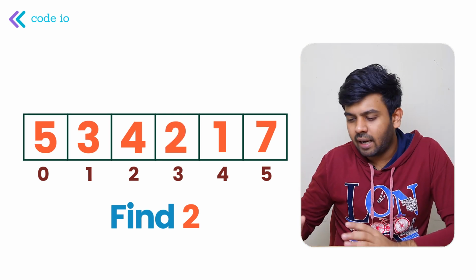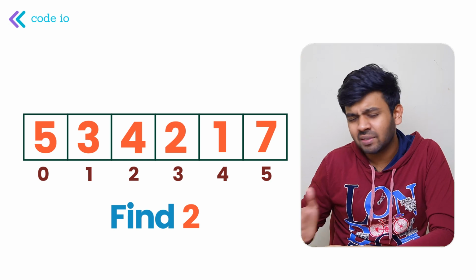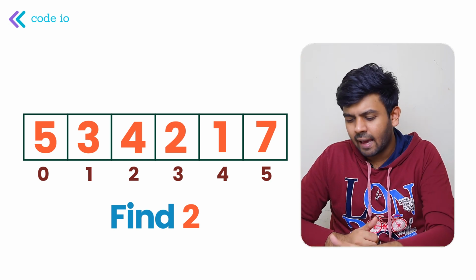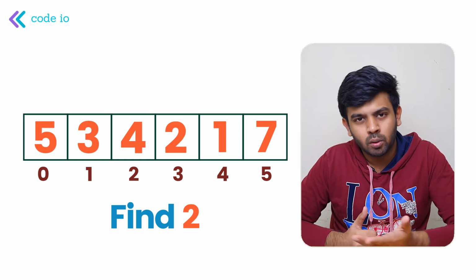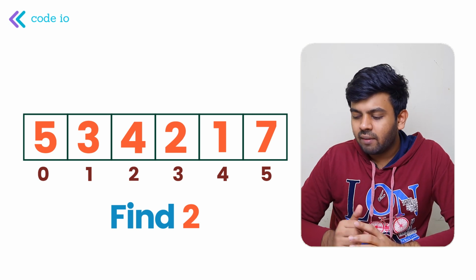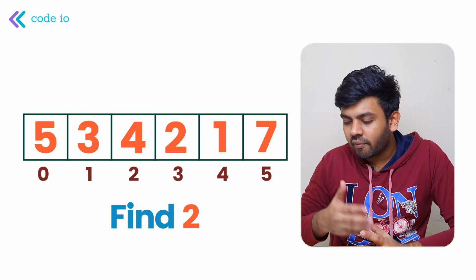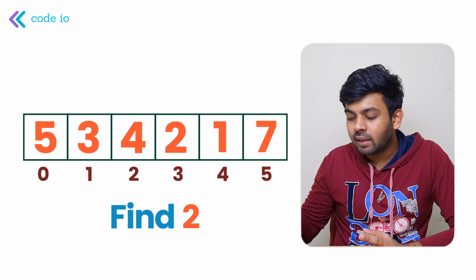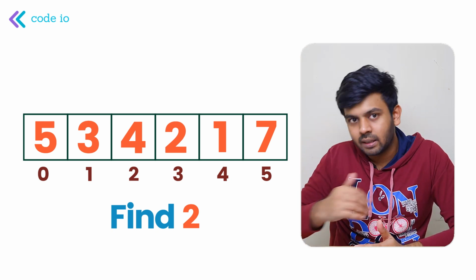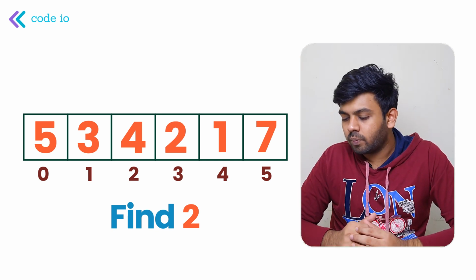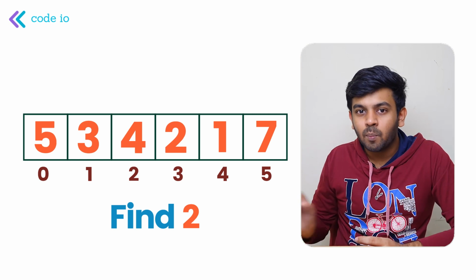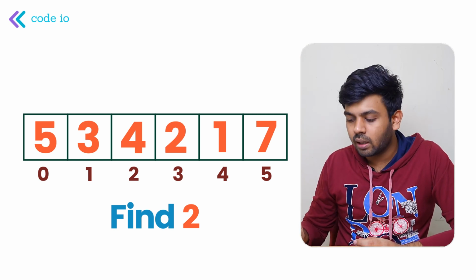So here we have an array of size 6, and I have given the indices here, 0 through 5. The values present in this array are 5, 3, 4, 2, 1 and 7, in this order. Notice that these numbers are not in any particular order.